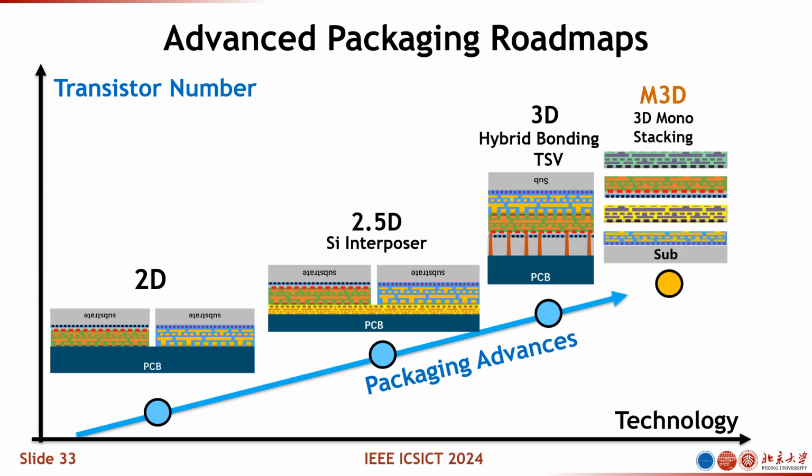So basically you have a wafer, and you can do layer transferring, and then you can do another layer of transistors or another layer of circuit functionalities such as memory or sensing. And by doing this, you can do multiple layers of circuits on top of each other. So this is 3D monolithic stacking.